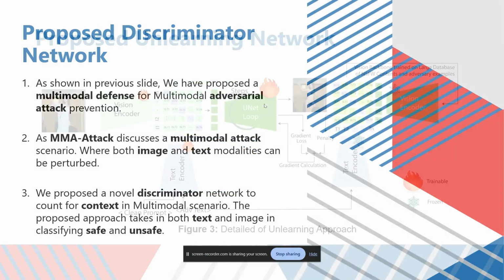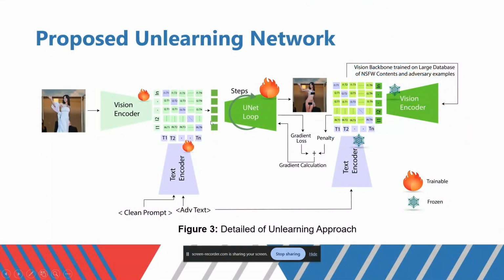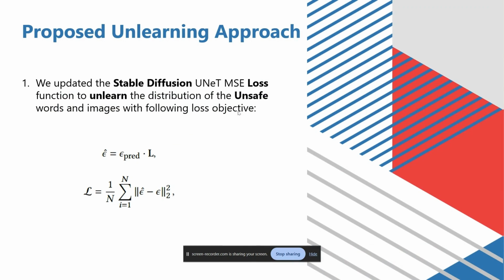So the discriminator we already discussed, and this is the unlearning mechanism where the discriminator will be used as a penalty, as a discrimination loss, to update the loss such that the model discourages the diffusion model from generating any unsafe or NSFW image. So this is the loss function that we talked about earlier.